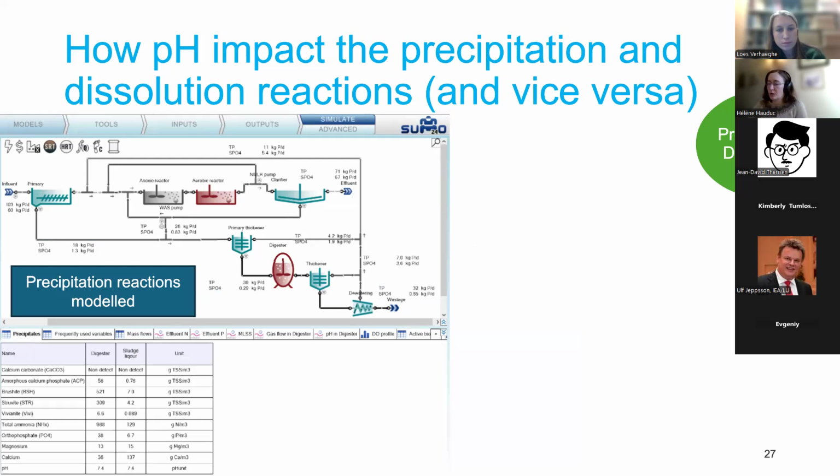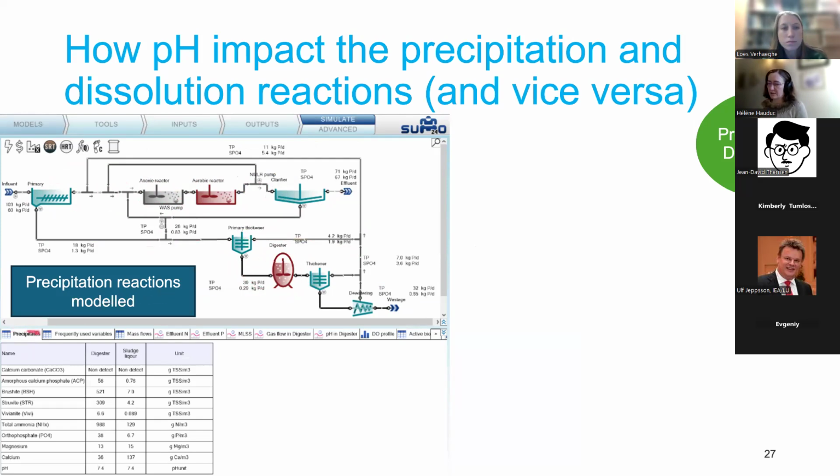I wanted to show you an example of this configuration in SUMO, which is an MLE configuration, so with a primary settler, an anoxic reactor, an aerobic reactor, some recirculation, a secondary settler, and then a digester that will be fed with primary and secondary sludge.